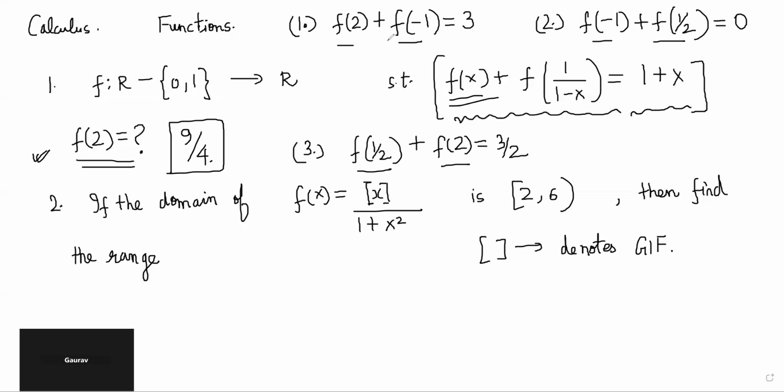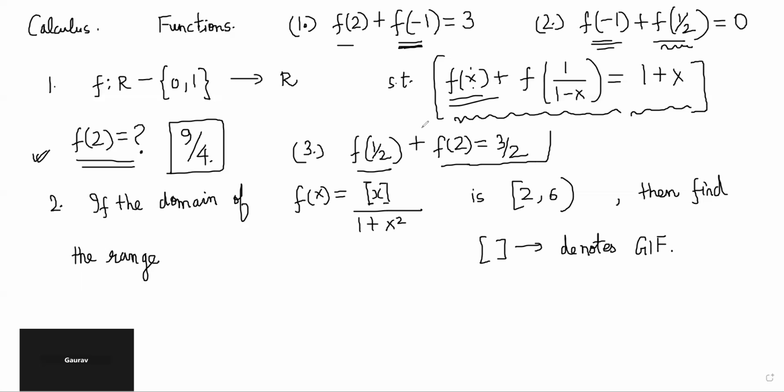As soon as you put 2, you get f of minus 1. So we need minus 1. That's why we put x is equal to minus 1. As soon as I put minus 1, I needed f of half. So that's why I put x is equal to half. And then automatically it is having three equations and three unknowns.